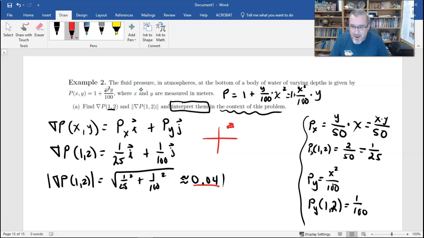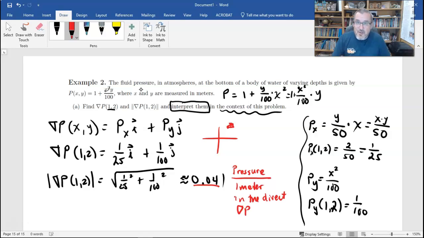So this would be a rate in fluid pressure, with X and Y measured in meters. Since they didn't give us specific units, this would be an increase of 0.041 pressure units per 1 meter in the direction of that gradient vector.